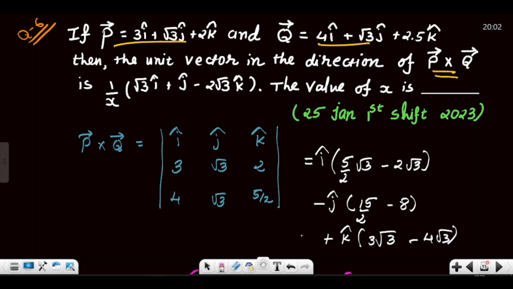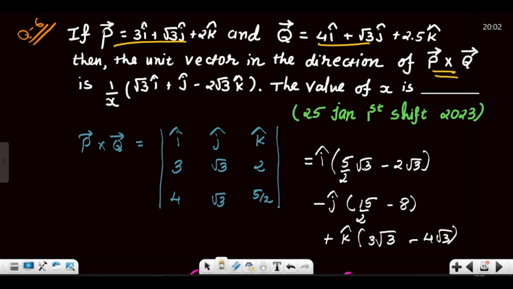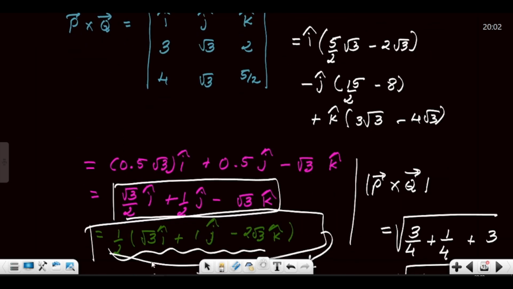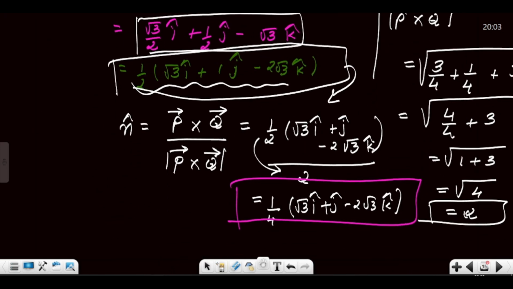As you can see, this 1 by x is comparable with our 1 by 4. So we have the answer x equals 4.